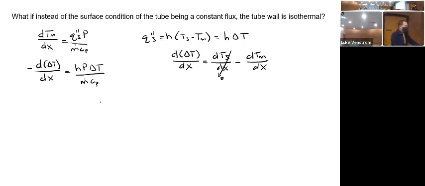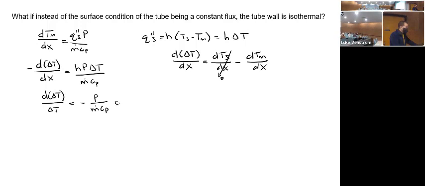This is something I can separate and integrate, agreed? So if I put the d delta T on the left, the delta T underneath, on the right-hand side I have left over minus h P over m dot C sub P times dx. So if I integrate this, oops, I forgot my h dx.